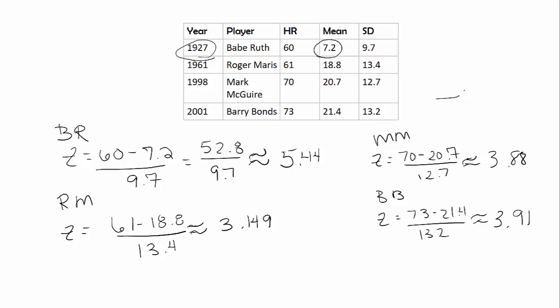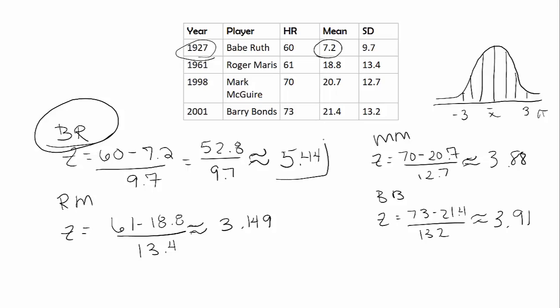If you remember that little density curve I just did, you have the mean here, and usually the bulk of the data is within 3 standard deviations from the mean. So they are all up in this very elite category. But Babe Ruth is just off the chart. You can use statistics to prove that Babe Ruth is really the ultimate champion when it comes to home runs. And that's a little bit about standardized score. We'll look into these things further as we go on.